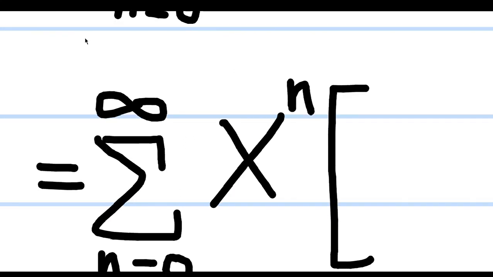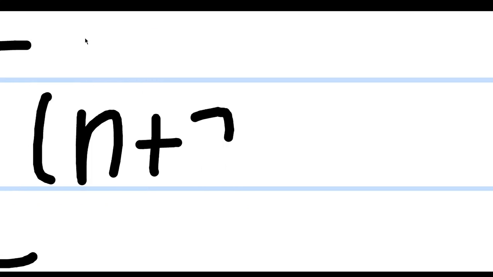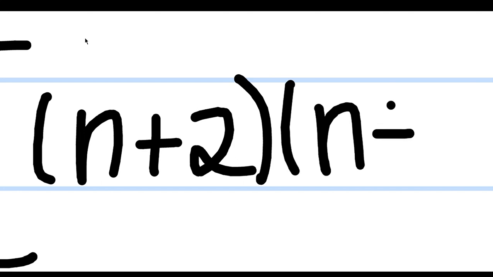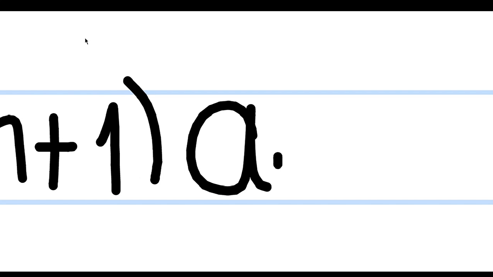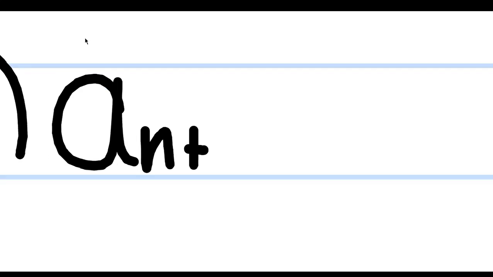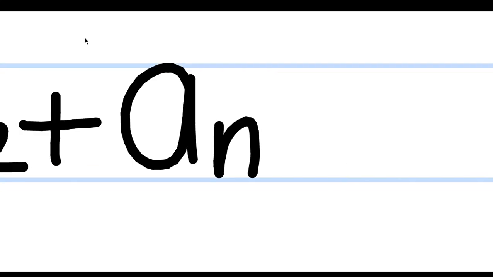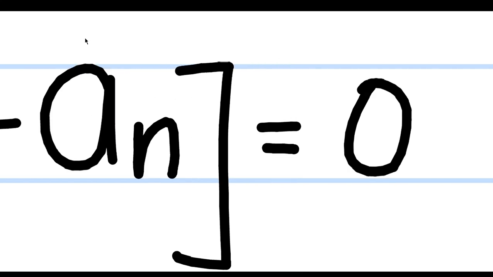And as a common factor, we have (n plus 2) times (n plus 1) times a sub n plus 2, plus a sub n, and this is equal to 0.